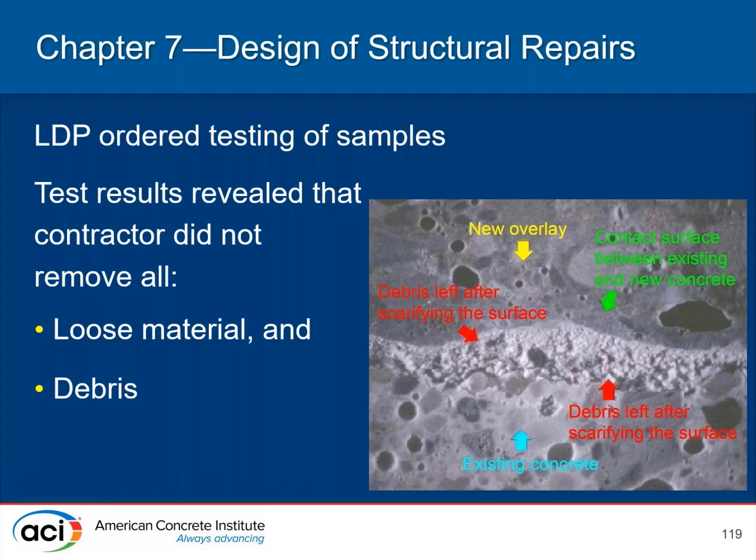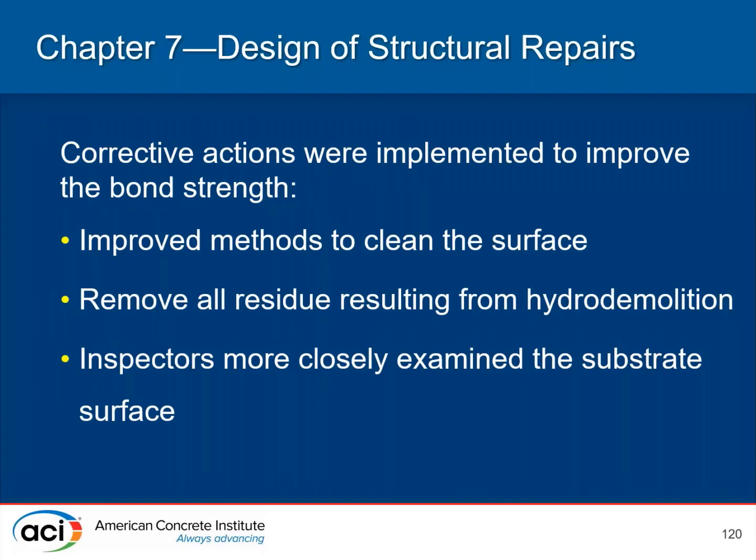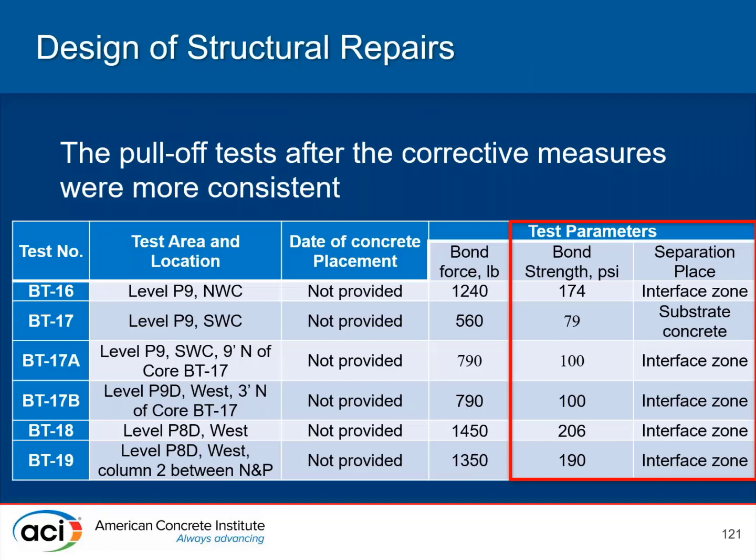So there's a variety of conditions directly adjacent in the substrate and at the bond line that can create problematic conditions. The corrective actions were implemented to improve the bond strength, improve methods to clean the surface, remove residue resulting from hydrodemolition, and more closely examine the substrate of the surface. The test results observed were more consistent and higher after these corrections.